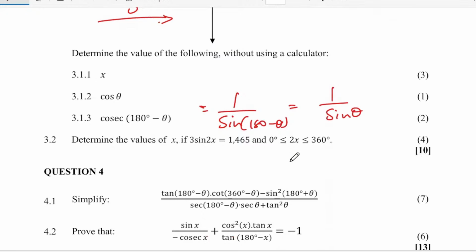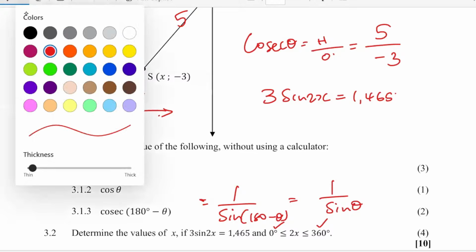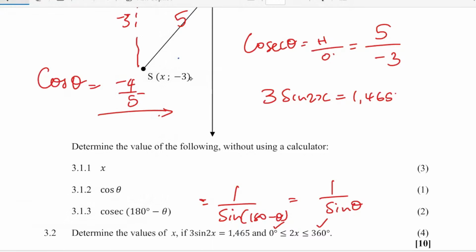Then 3.2, determine the values of x if 3 sine 2x is equal to 1,465, between 0 and 360. Okay, so we're solving a trig equation. Start by dividing both sides by 3.